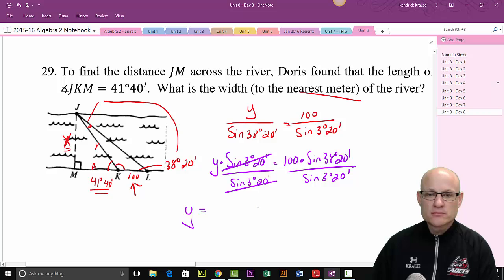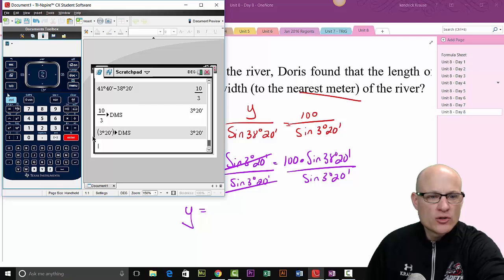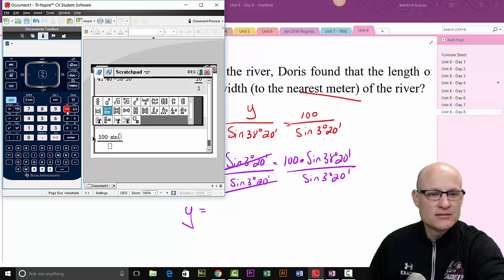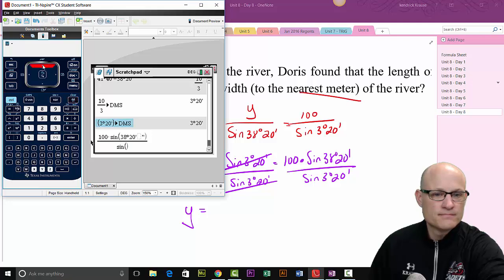So, grab my calculator, and I go, okay, 100 times the sine of 3820 all over the sine of 320. Oh my goodness.